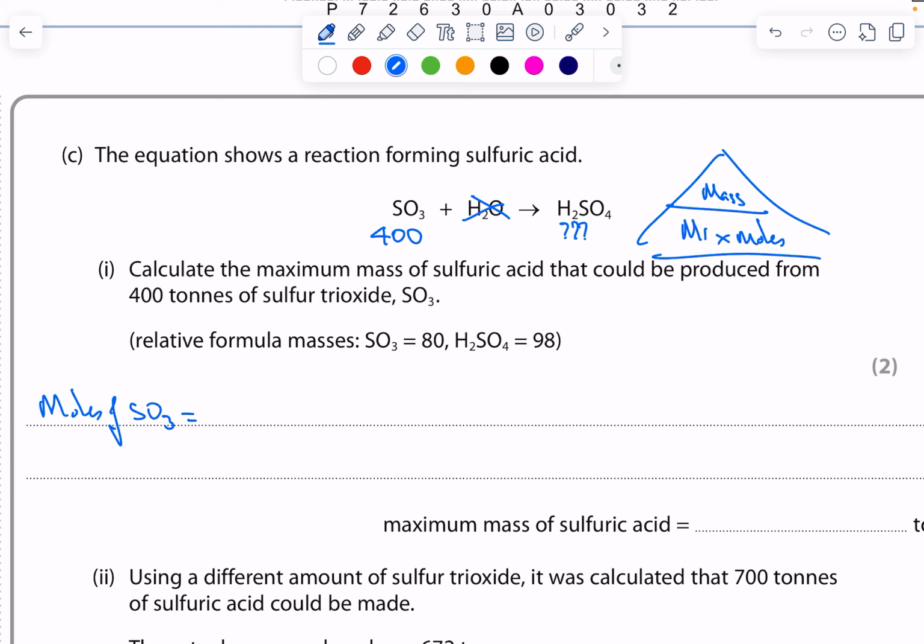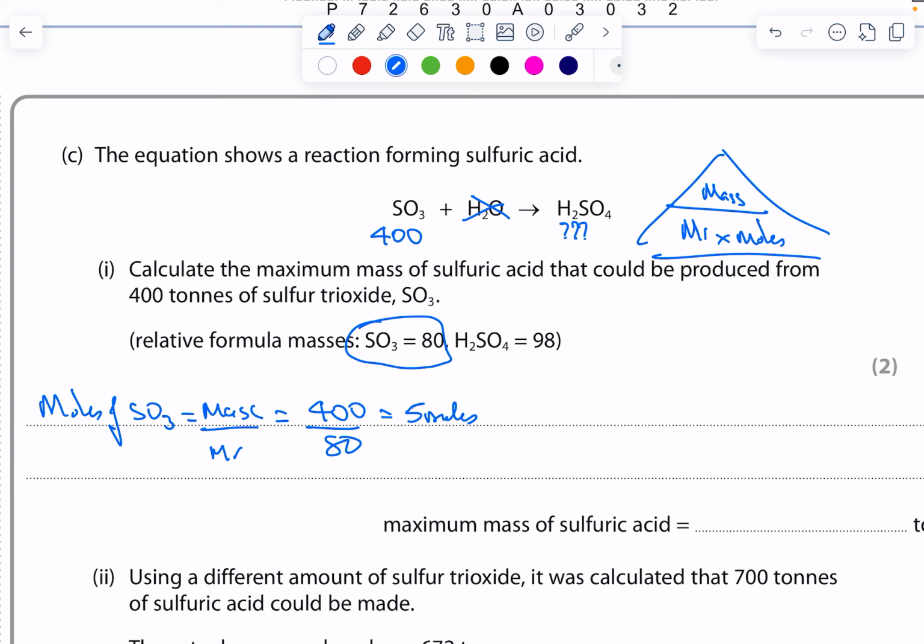According to my Mr moles triangle, moles is going to be mass divided by the Mr. The mass is 400. The Mr tells me here is 80. So I've got 400 divided by 80. Let's stick that into my calculator. 400 divided by 80 is 5 moles.